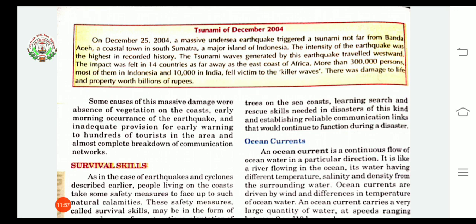Fourth, almost complete breakdown of communication network. As the earthquake occurred in the morning and many disturbances were there, it disturbed the communication network also. So it was not possible to convey the messages, and this major disaster happened.